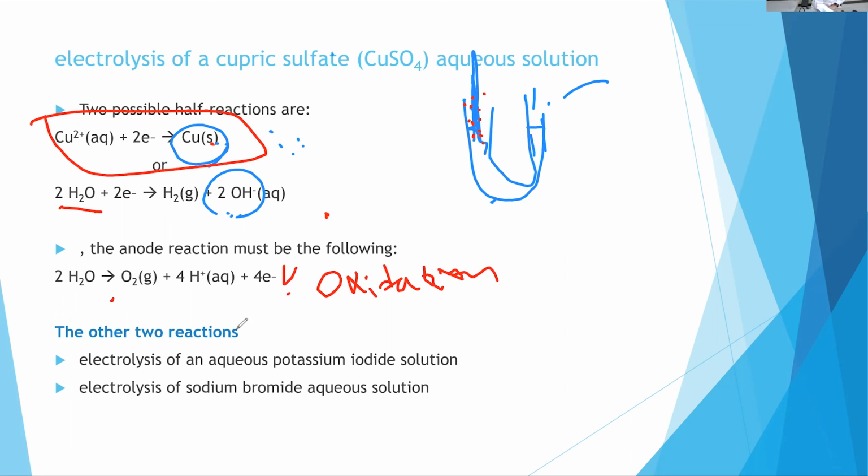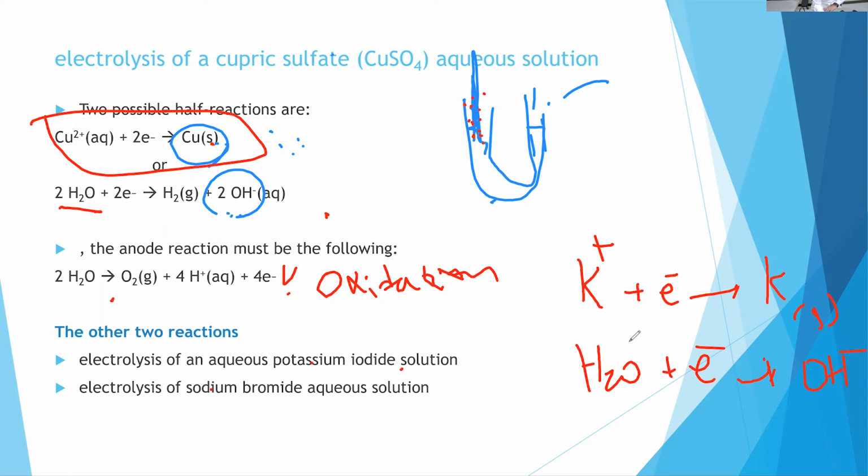The other two reactions that we have are potassium iodide and sodium bromide. Very similar to the first reaction that we had. For potassium iodide, you would say either potassium is going to be reduced and it gives you potassium solid, or water is going to be reduced and it gives hydroxide.